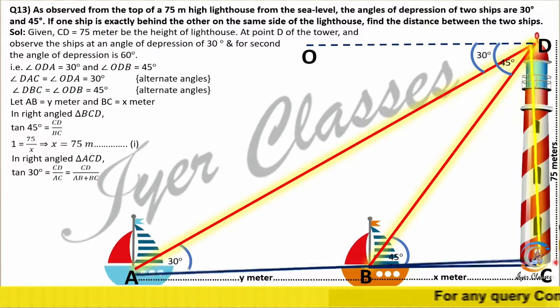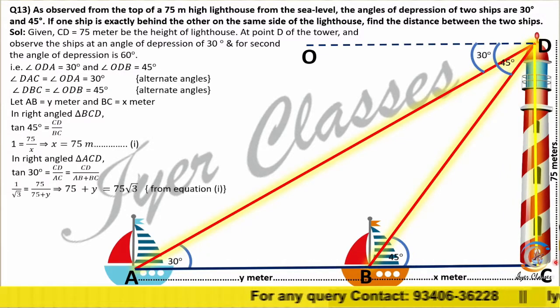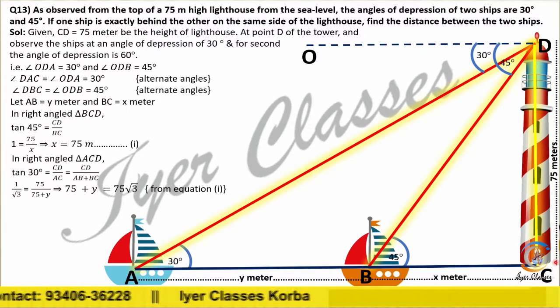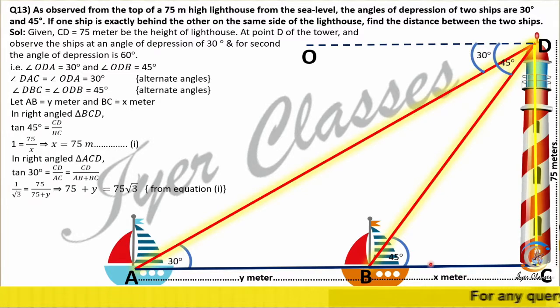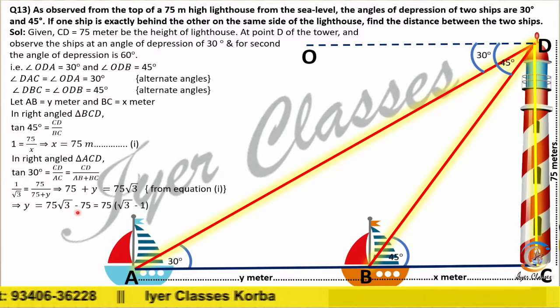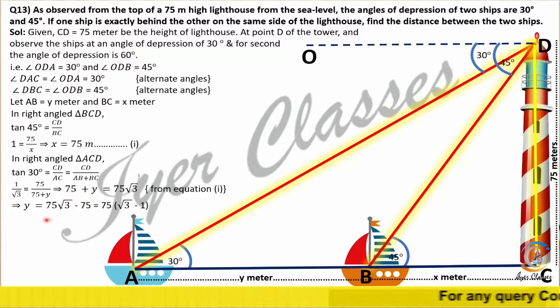Tan 30 is equal to 1 upon root 3, that is equal to 75 divided by, we already calculated the value of this x, that is also 75. Put the values here, cross multiply, and on calculations you get 75 plus y is equal to 75 root 3, or y is equal to 75 root 3 minus 75.